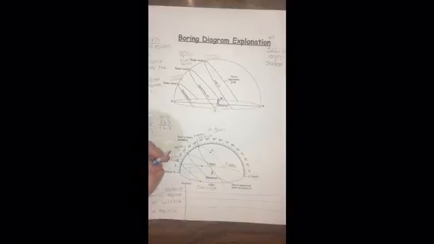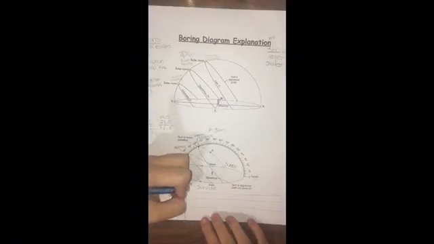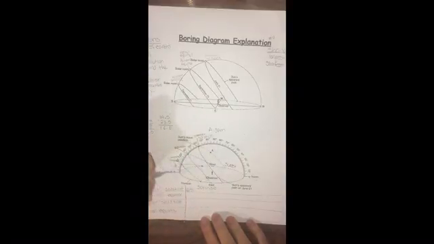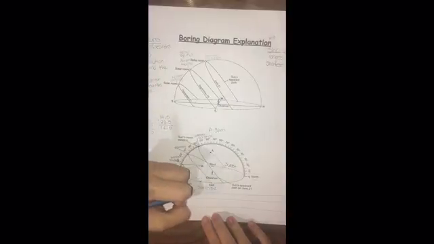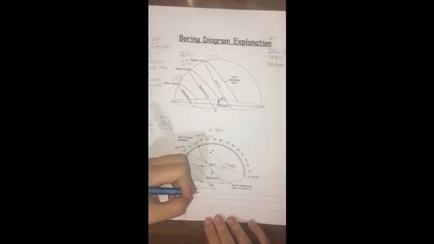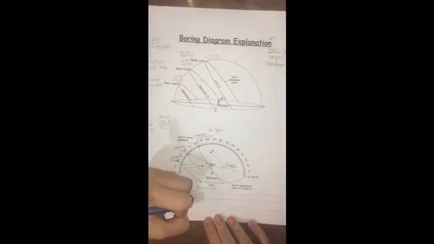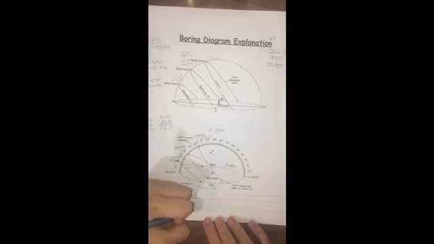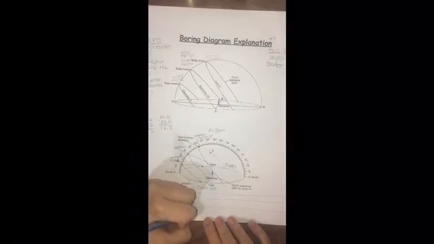And then the dates: for the summer solstice, it's 6/21. For the autumnal equinox, it's 9/23. For the winter solstice, it's 12/21. And then the vernal equinox is 3/21.